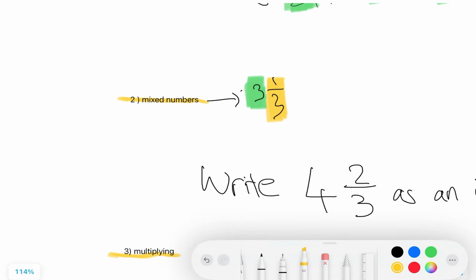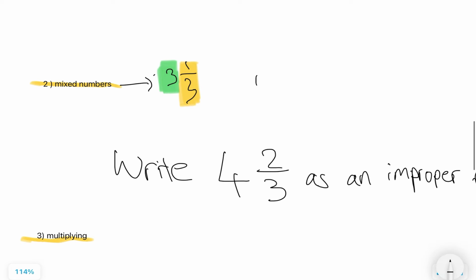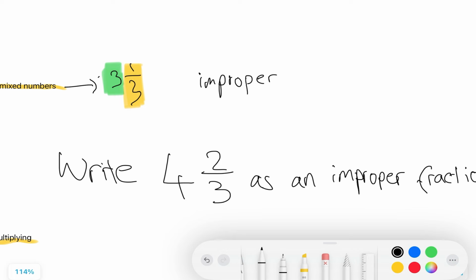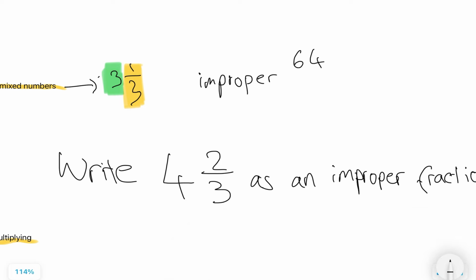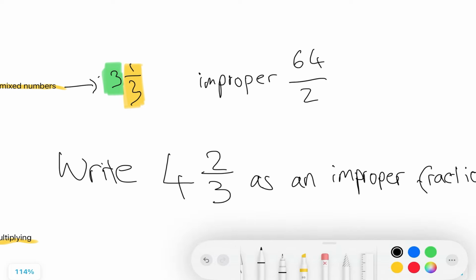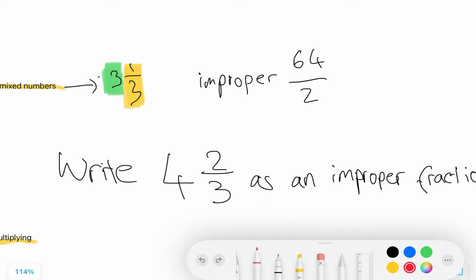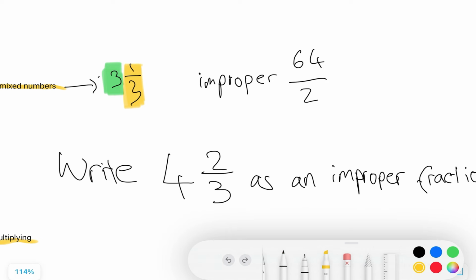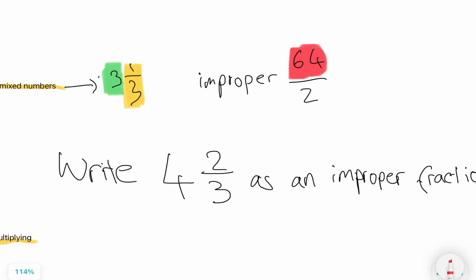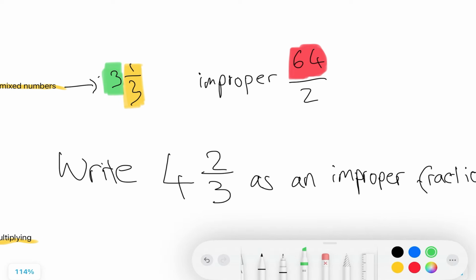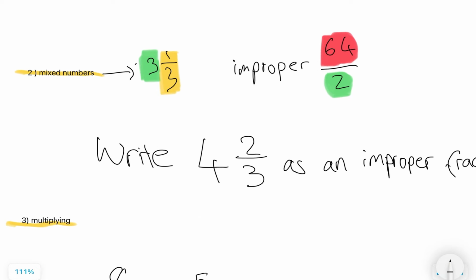And there are also improper fractions. Improper fractions are fractions like 64 over 2. The top number, 64, is bigger than the bottom number, 2. So this is an improper fraction, because an improper fraction is a number where the top number is bigger than the bottom number.